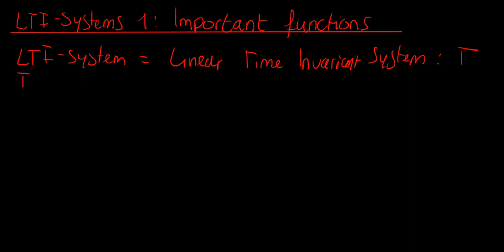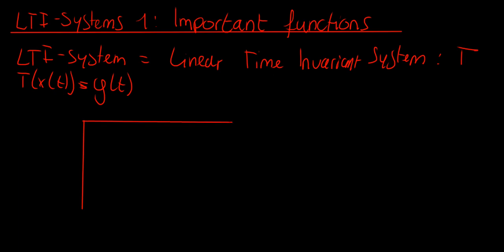Into such a system we can give a function x(t), we put it through our system and we get our output y(t) back. There are some very important functions that go alongside this system, which I will explain in this video, and afterwards I'll talk about why we need these functions.